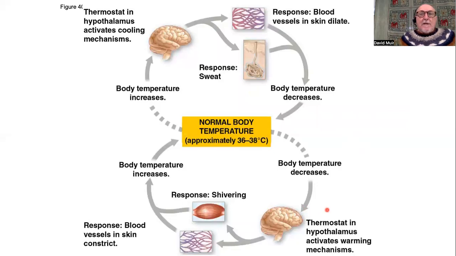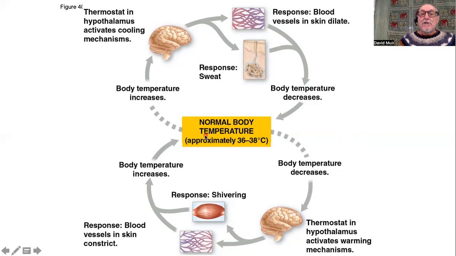So here are the responses again, which the hypothalamus governs, and it governs these responses by hormonal means. So this is a typical system of perception and then eliciting a response from the body.